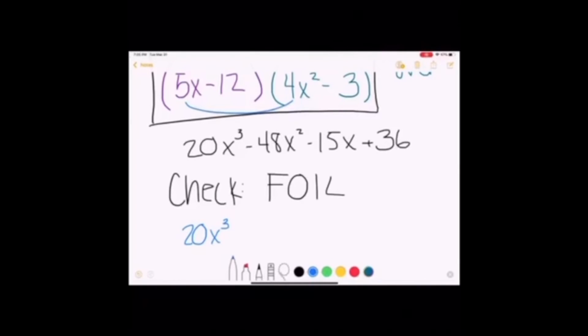Now you can see that our next step would usually be outer. This would be negative 3 times 5x, which is negative 15x. But we can also see that in the middle we have an x squared. And the result of doing the inner portion of the FOIL method would result in negative 48x squared.